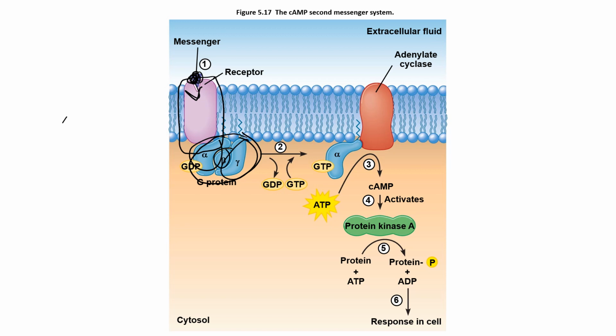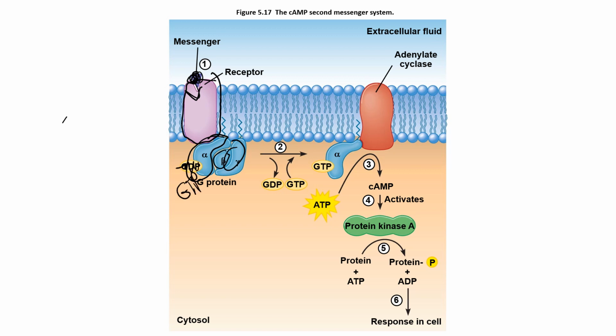In the case of the cyclic AMP pathway, first of all, when epinephrine, or whatever ligand this is, binds to the receptor, the alpha subunit dissociates away from the beta and the gamma subunit by swapping out GDP for GTP.